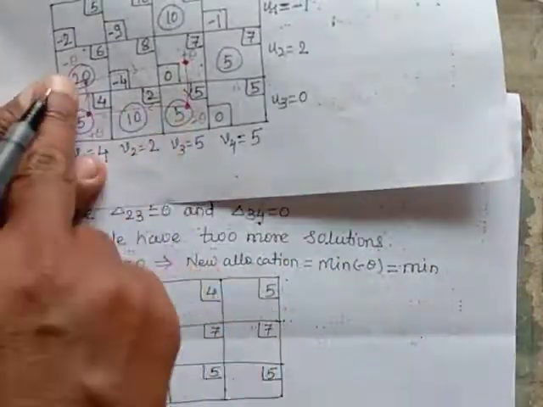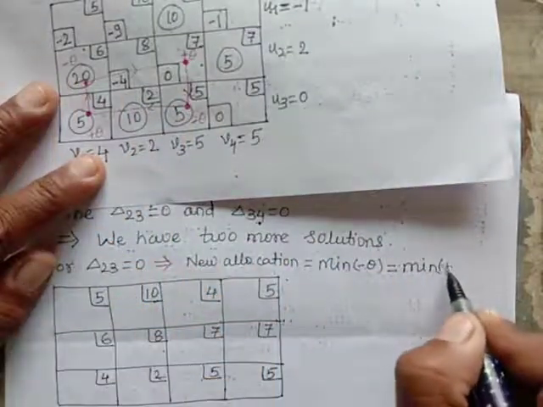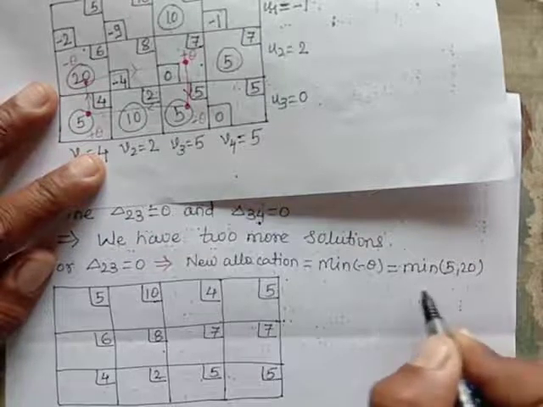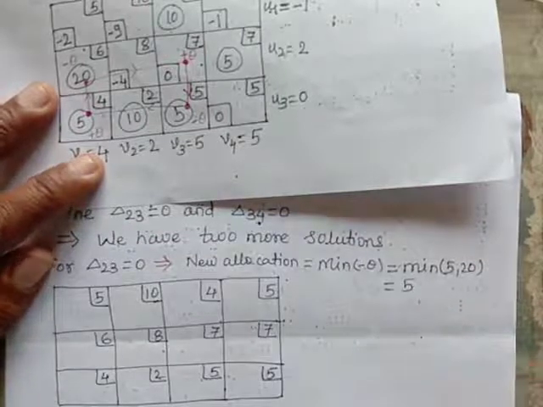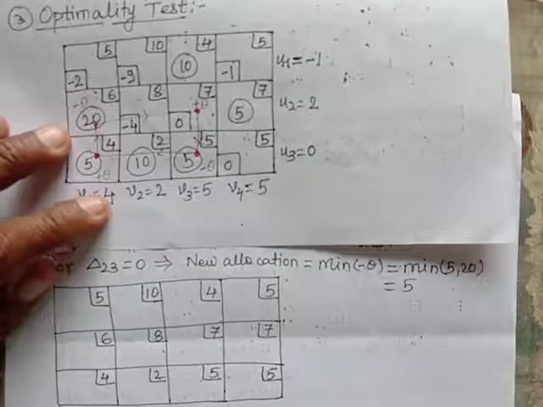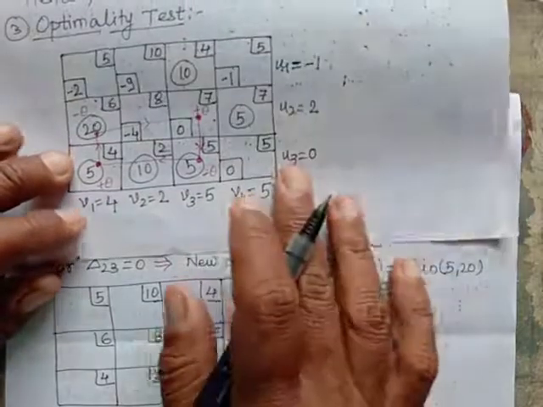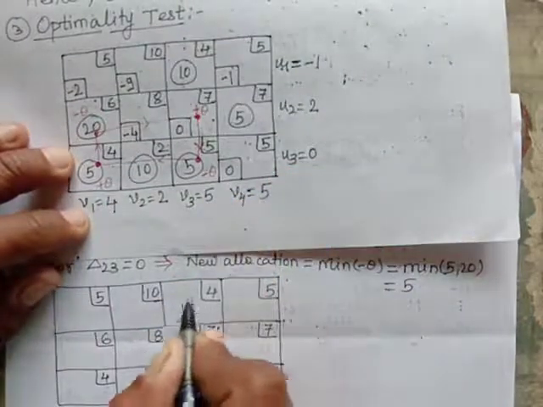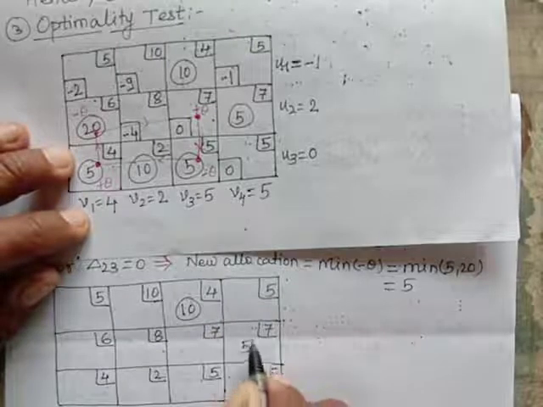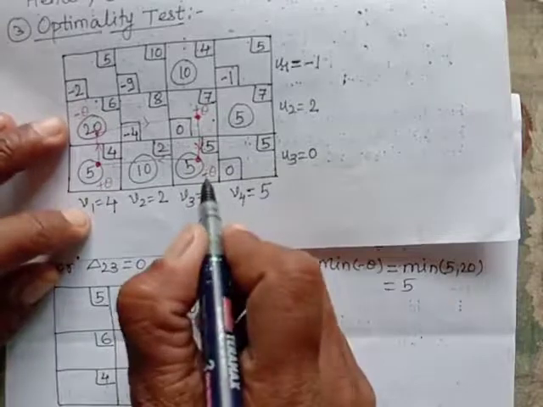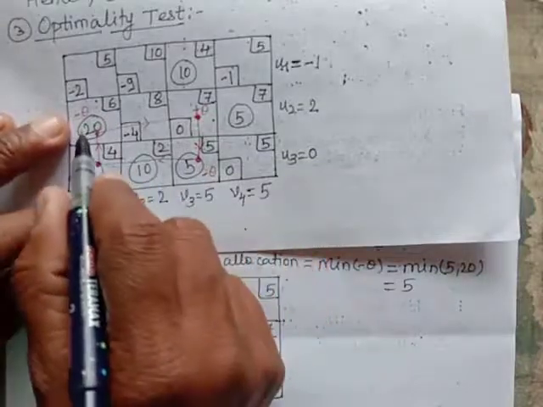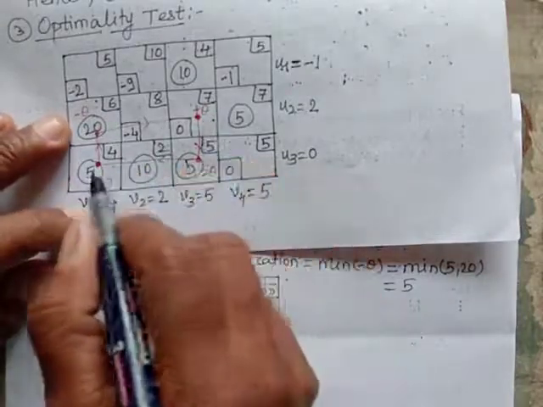This 5 and 20. Minimum of 5 and 20, and that will be how much? 5. So now we can write the allocations here. So here it is as it is 10, here this 5 as it is 5, here this 10 as it is. Now simply I will subtract 5 from minus theta position and add 5 in plus theta position.